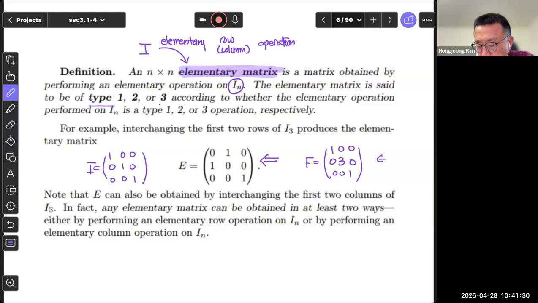If I consider the replacement, say I multiply 2 to the first row and add it to the second row, the first and third rows are not changed, but multiplying 2 to the first row gives 200, and adding it to the second row becomes 210. So G will be an elementary matrix of type 3.